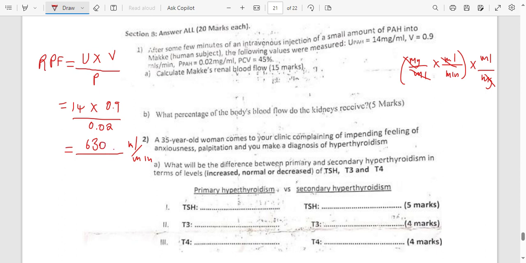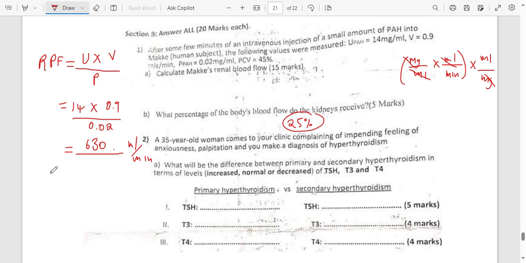And then the next question is asking what percentage of the body's blood flow the kidneys receive. Now you know that the kidneys receive 25% of the blood that flows. What does that mean?